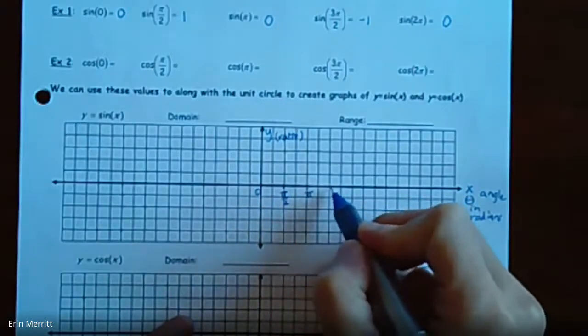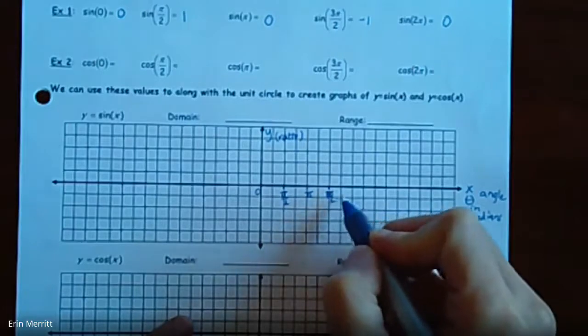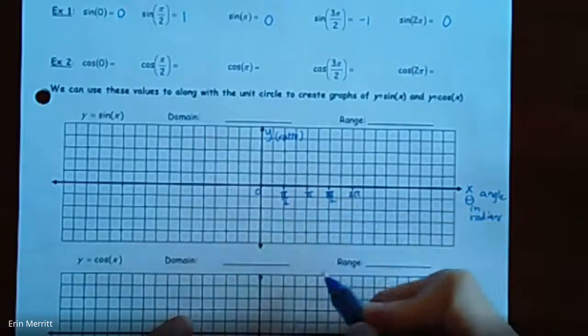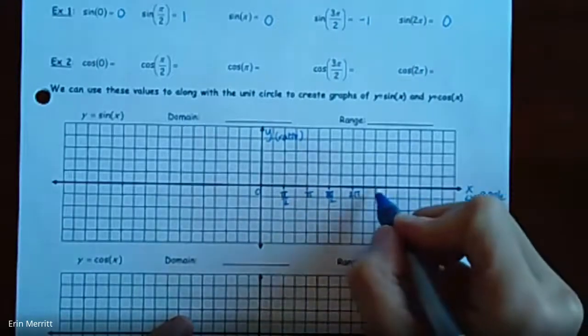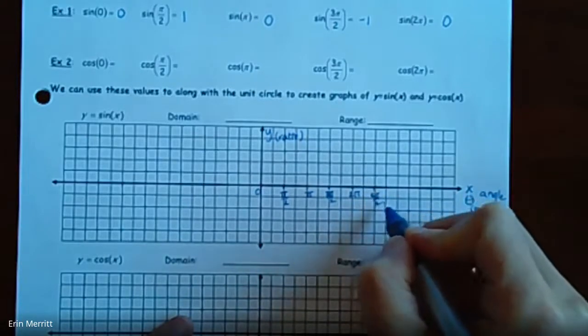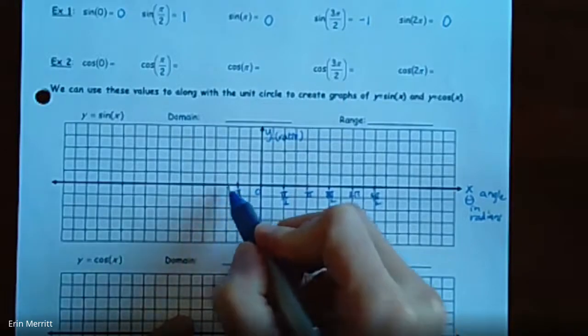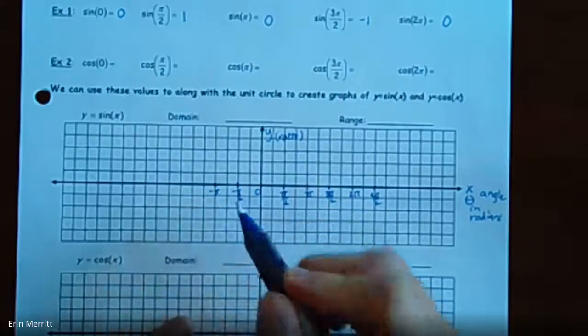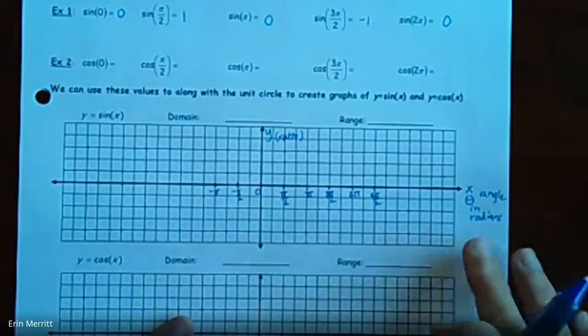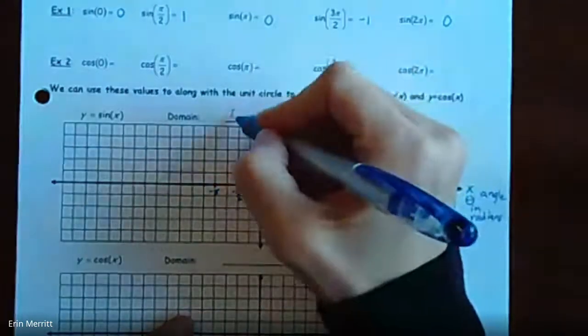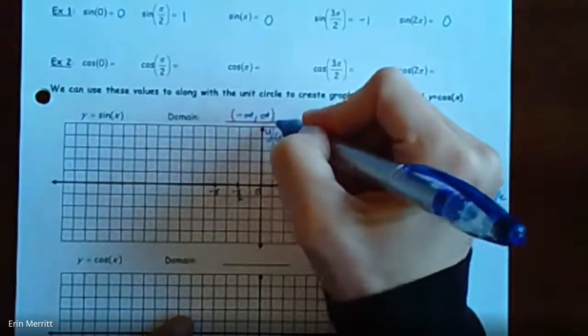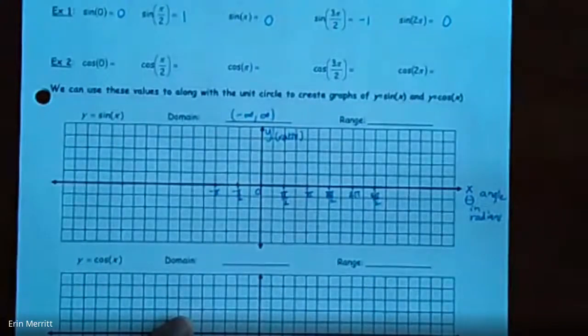Make that pi. 2 more. Here's 3 pi over 2. And then 2 pi. And that keeps going. This would be 5 pi over 2 and so on. If I went the other direction, back here would be negative pi over 2 and then negative pi and so on. So that x-axis keeps running because the domain is anything from negative infinity to positive infinity, right?